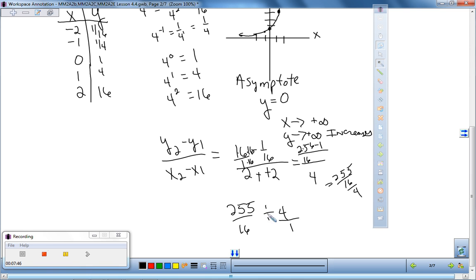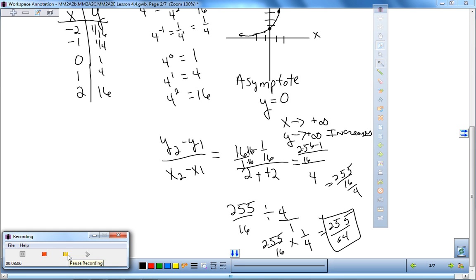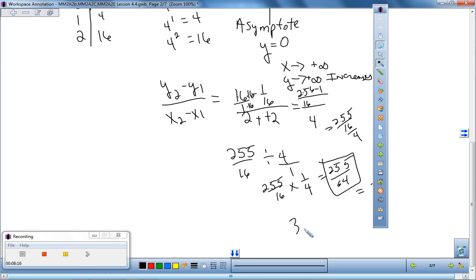Well, we're dividing a fraction by a whole number, so we put the whole number over 1, then flip and multiply. So we end up with 255 over 16 times 1 over 4, which gives us 255 over 64 as our average rate of change. Or we could write it as a decimal, 3.98. Either way, that's the average rate of change.